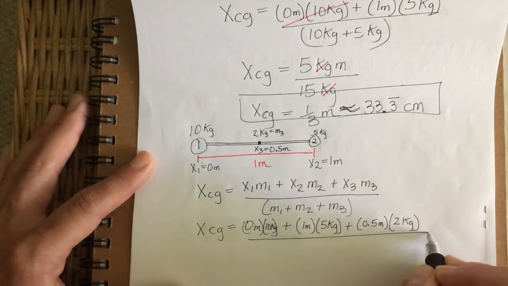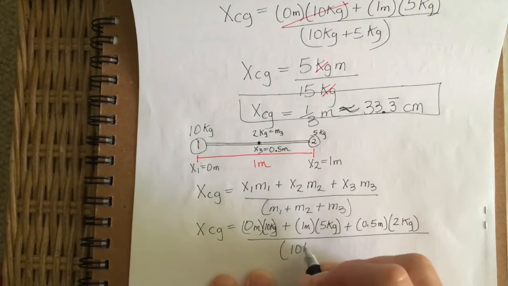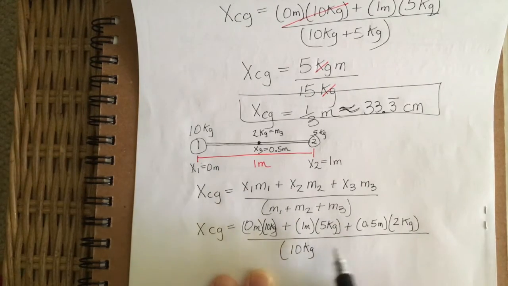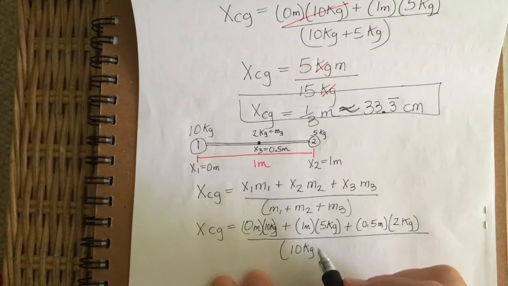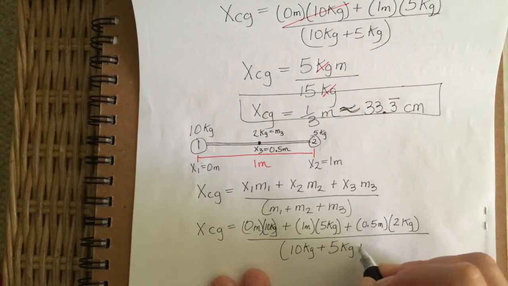And then we divide by the total mass, which we have to add up: 10 kilograms plus m2, which is 5, plus m3, which is 2.